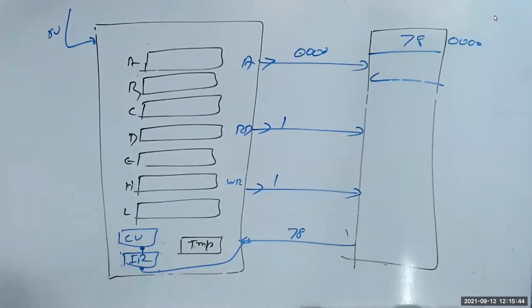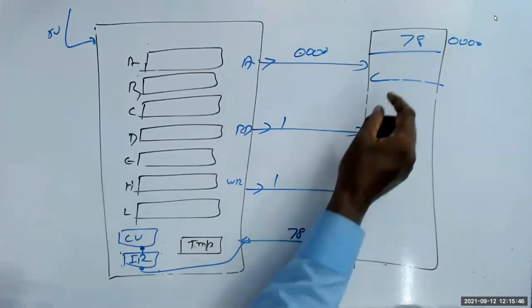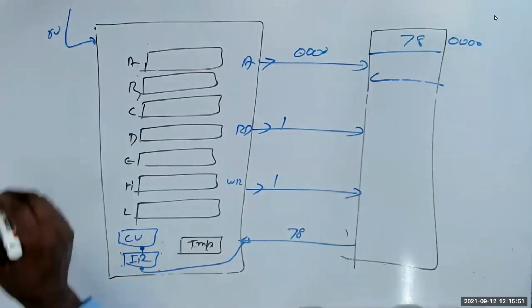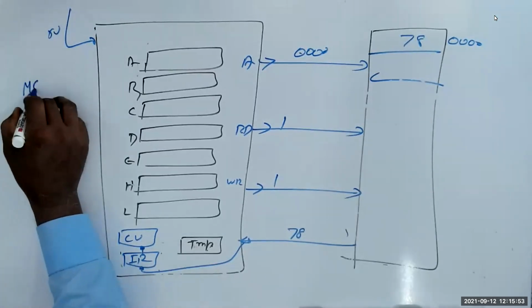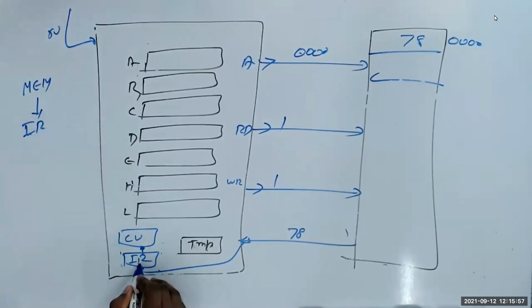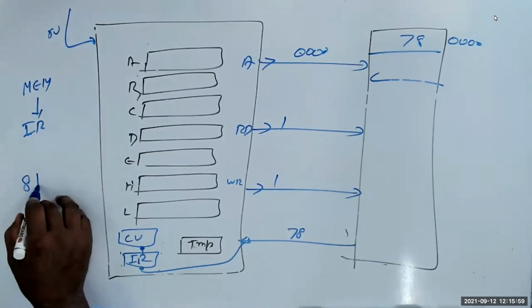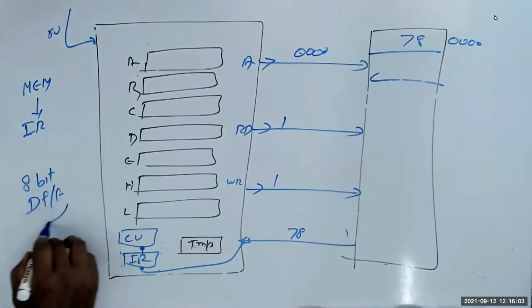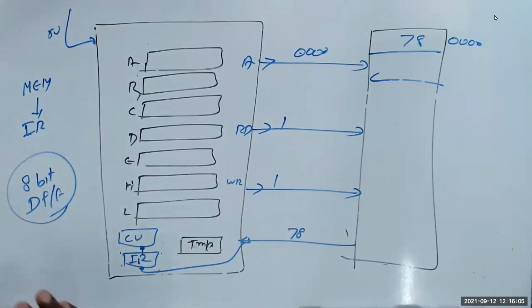Please understand, I take the 78 from memory and latch it into the IR, the instruction register. The instruction register is nothing but an 8-bit D flip-flop, please. That is what we call the IR register.